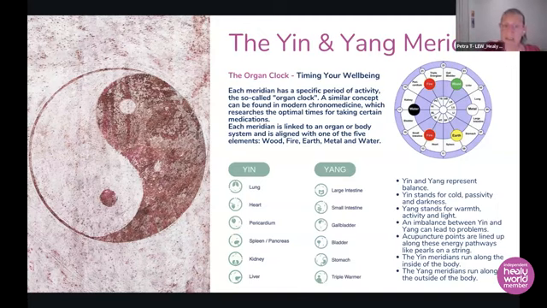We also need to understand that each meridian is linked to an organ and the body system of that organ, which is aligned with 5 elements: wood, fire, earth, metal, and water. If we go out of that rhythm, which is based on traditional Chinese medicine, our body will go out of rhythm and we will feel out of balance. So following this rhythm is really, really important.